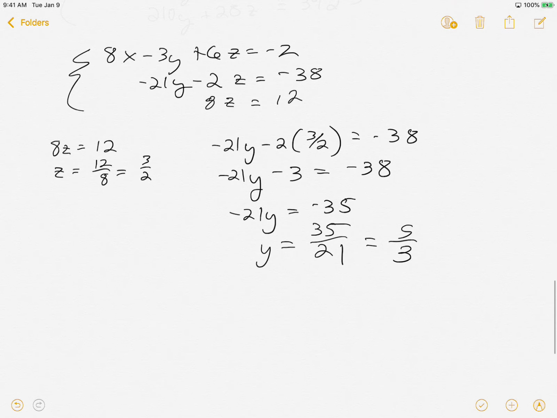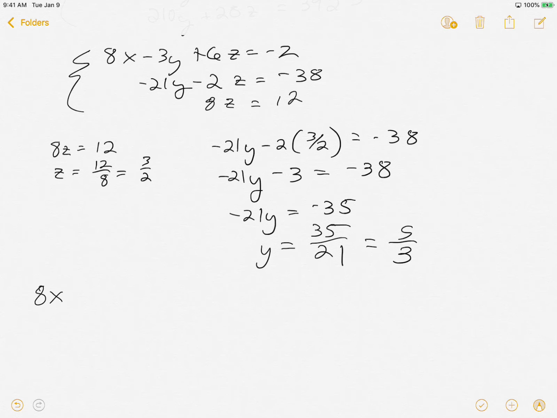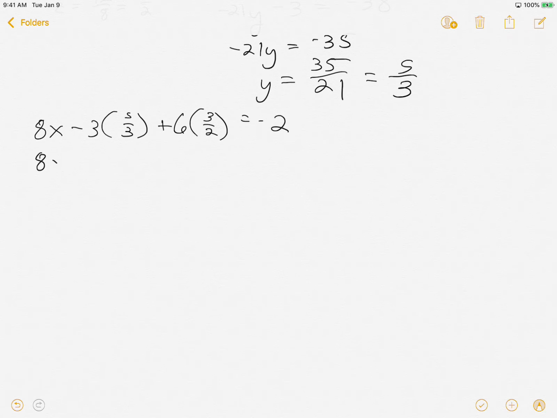The last equation, 8x minus 3 times 5/3 plus 6 times 3/2 equals negative 2. So 8x minus 5 plus 9, negative 2.